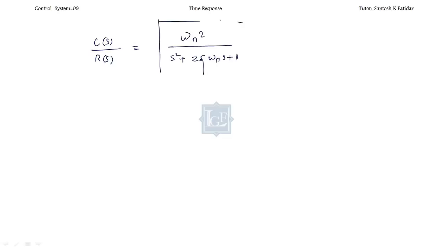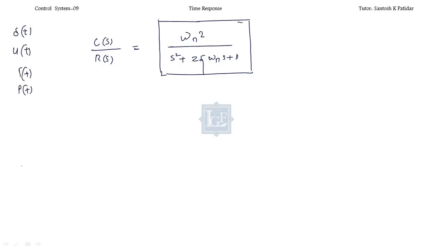Correct? Now, the transfer function of the second order system, C(s) by R(s), is nothing but omega n square divided by s square plus 2 zeta omega n s plus omega n square. This is your system. Now to this system we are going to apply our inputs: unit impulse, unit step, ramp input and parabola input.